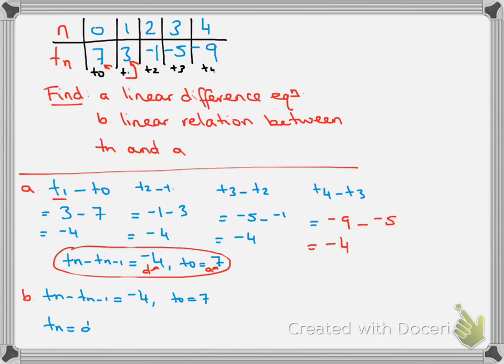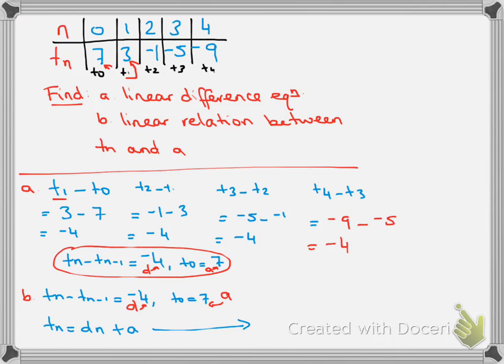Tn is equal to dn plus a, and that should look familiar, because it's basically the same thing as saying y equals mx plus c. Okay? And then all we need to do, if we move along to some free space over here, is substitute the numbers into the correct part of that second formula there. So we said that the -4 represents our D and the 7 represents A.